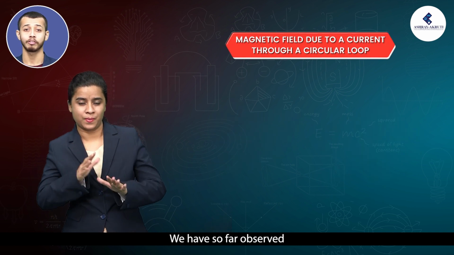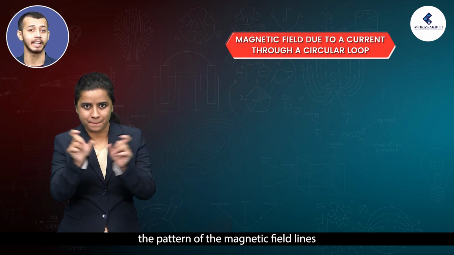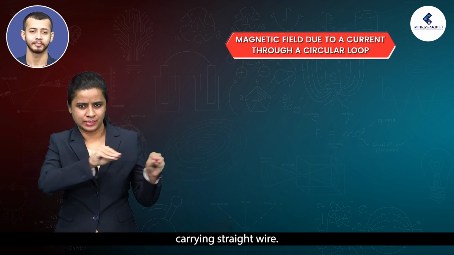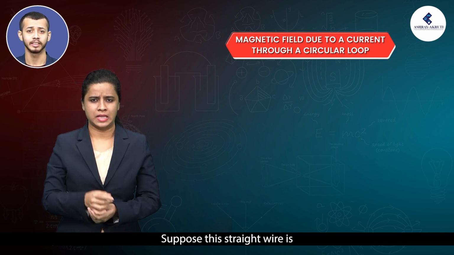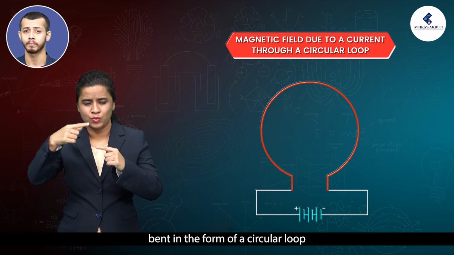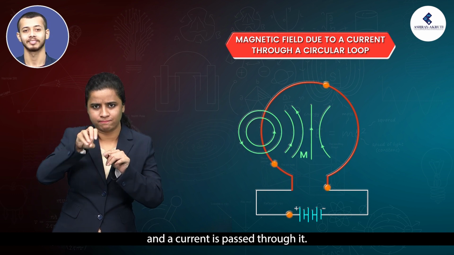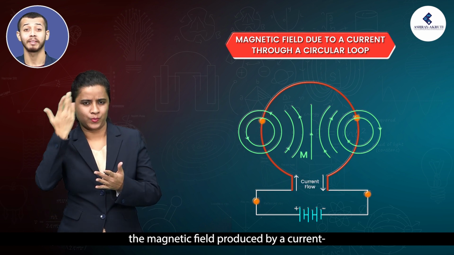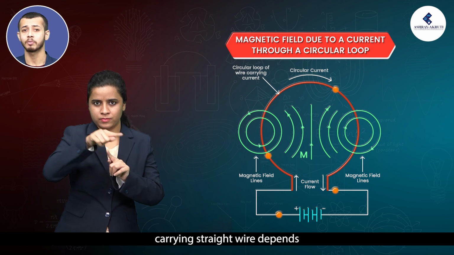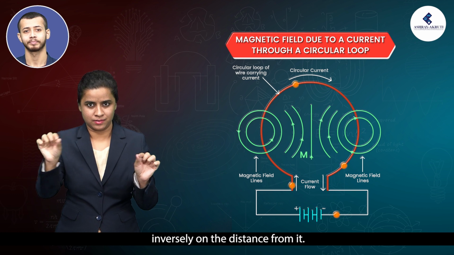We have so far observed the pattern of the magnetic field lines produced around a current carrying straight wire. Suppose this straight wire is bent in the form of a circular loop and a current is passed through it. We know that the magnetic field produced by a current carrying straight wire depends inversely on the distance from it.